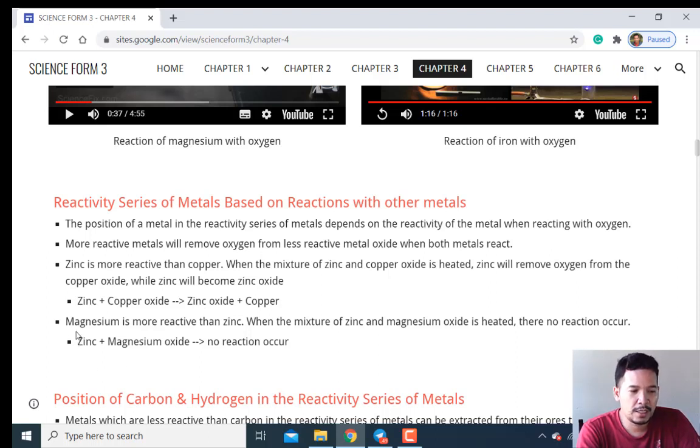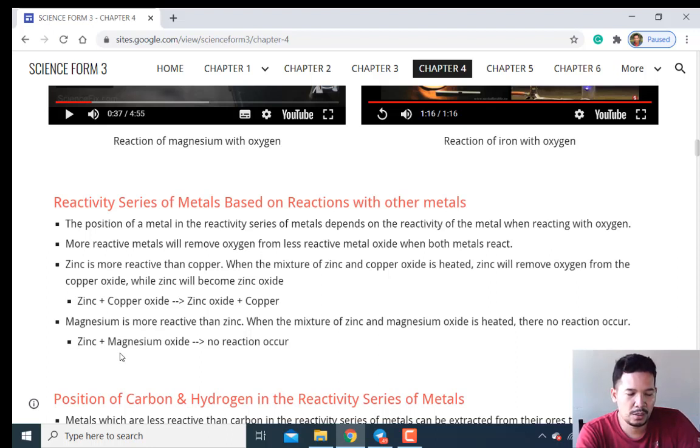For the other example, magnesium is more reactive than zinc. In this situation, when a mixture of zinc and magnesium oxide is heated, magnesium is more reactive, so there is no reaction. Let's see the word equation. Zinc is pure zinc.